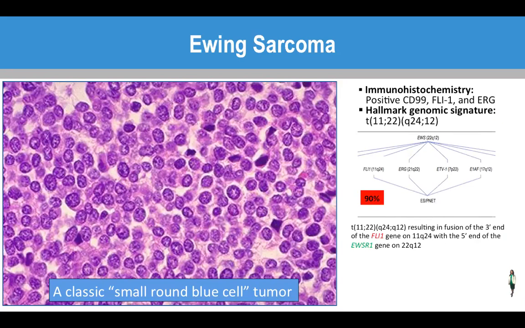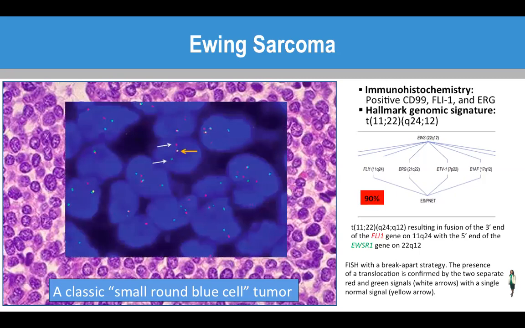The hallmark genomic signature that is the driver of the disease is the translocation t(11;22), where EWSR1 is rearranged with FLI1 in 90% of the time, and sometimes also with ERG. So this molecular change can be detected by classic cytogenetics, also RT-PCR, but most frequently it can be done by fluorescence in situ hybridization.